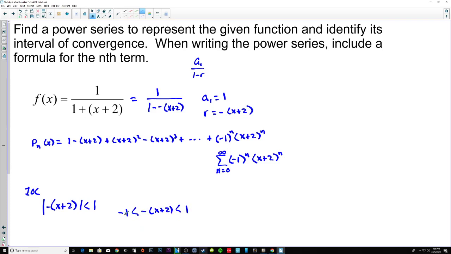And if we divide by negative 1 and then flip all the signs around, we just get this exact same thing. That's a 2 and less than 1. So then we just subtract 2. So negative 3 is less than x is less than negative 1. So there is the interval of convergence, and we can write that. I usually write these in interval notation.